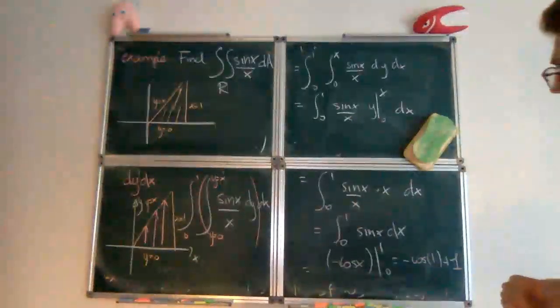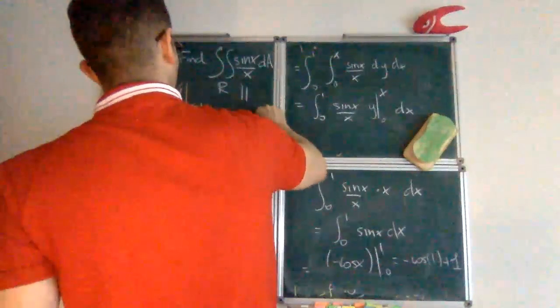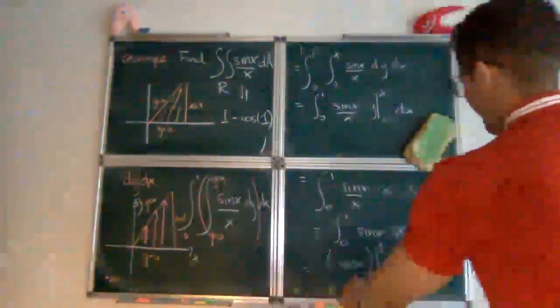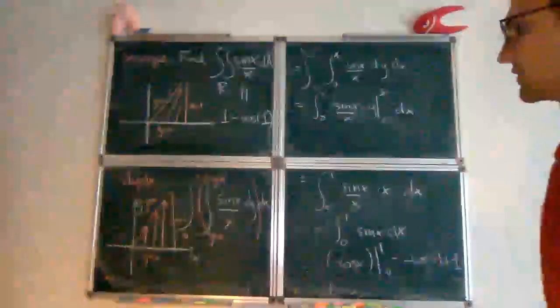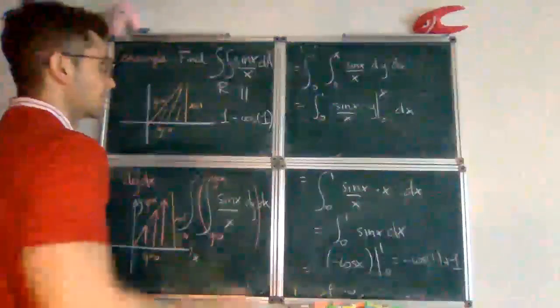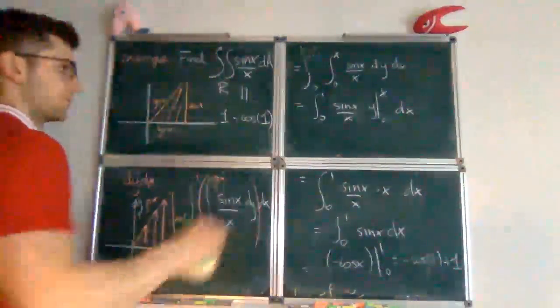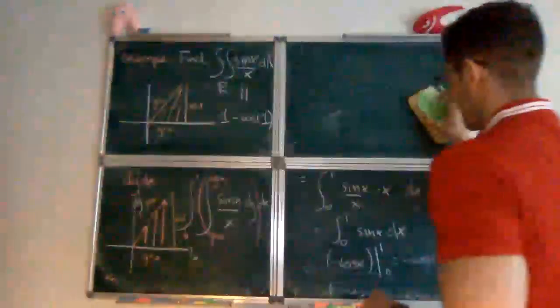So this double integral just gives you 1 minus cosine of 1. And maybe you would like to double check this. So you could try to double check this by using the opposite order of integration. Let me do it here so that you can compare with this other bound.